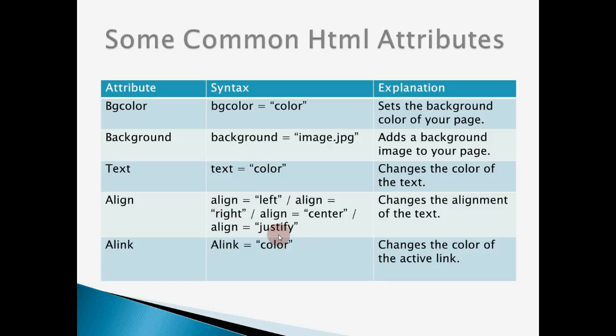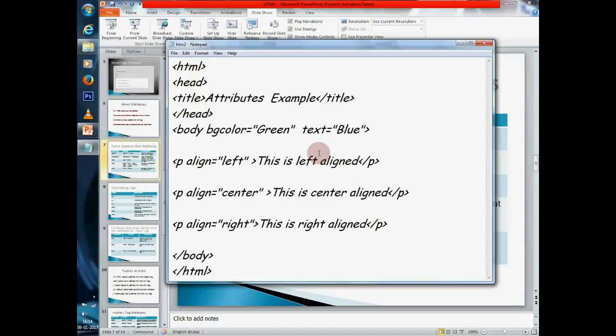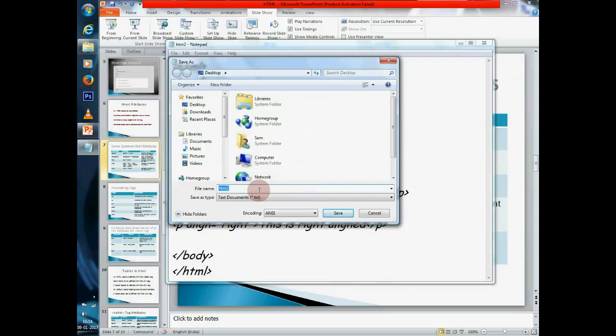Look at one example. Open your Notepad and type this code, then save it. Go to File, Save As. Now give the name ht.html and choose the location. I choose Desktop.